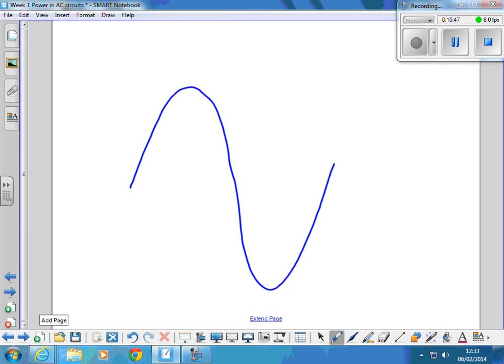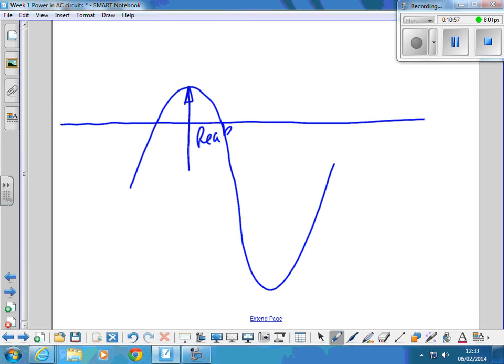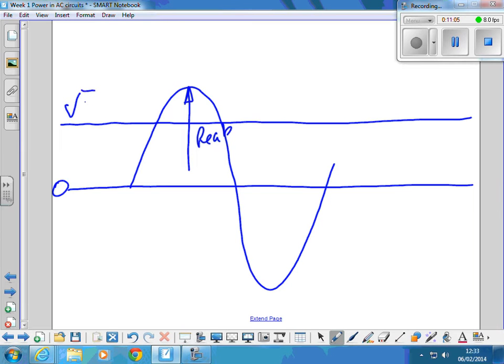That's the waveform, and this is the peak. RMS is peak over root 2. It's a DC equivalent value and is a straight line.